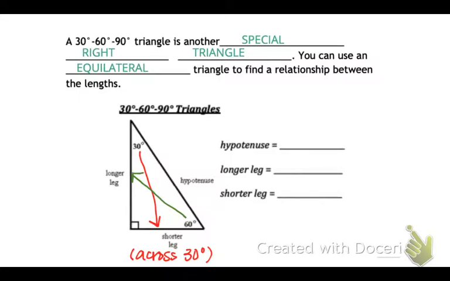The longer leg is across from a larger angle measure, since 60 degrees is larger than 30, so we refer to that one as the longer leg. And for every single right triangle, anything that's across from the 90-degree angle is our hypotenuse. So how does all of that work together?